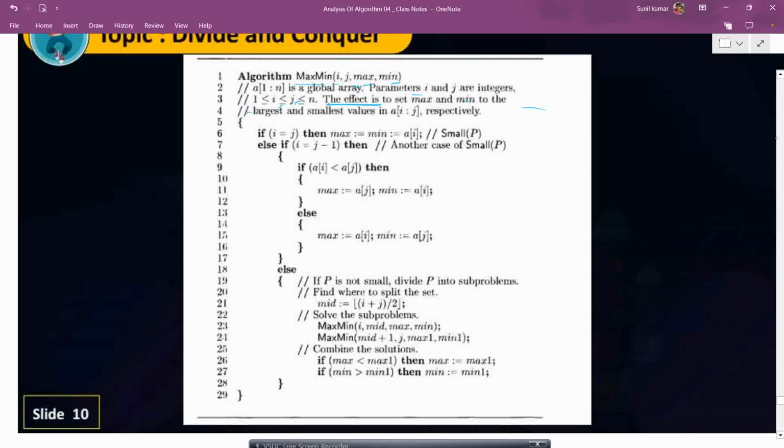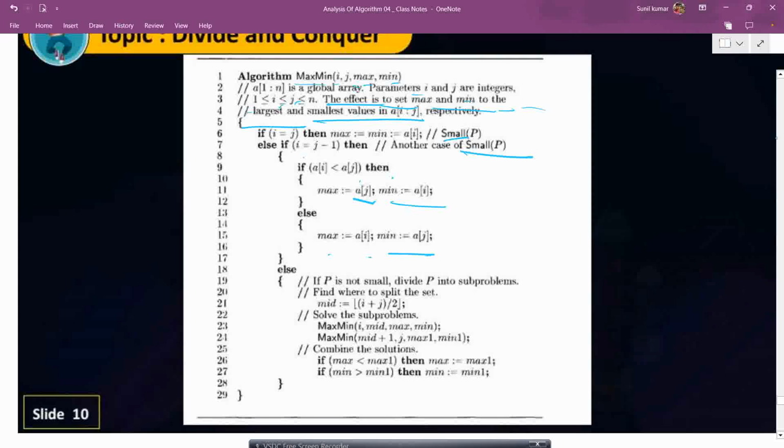The effect is to set max and min to the largest and smallest values in a[i:j] respectively. If i is equal to j, then max is equal to min is equal to a[i]. Else if i is equal to j minus 1, which is a small problem, then if a[i] is less than a[j], max is a[j] and min is a[i]. Else max is a[i] and min is a[j].